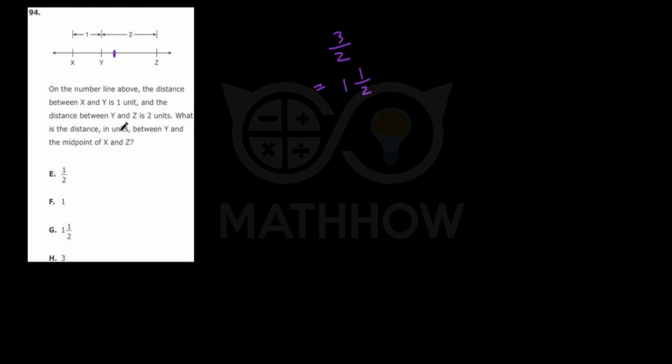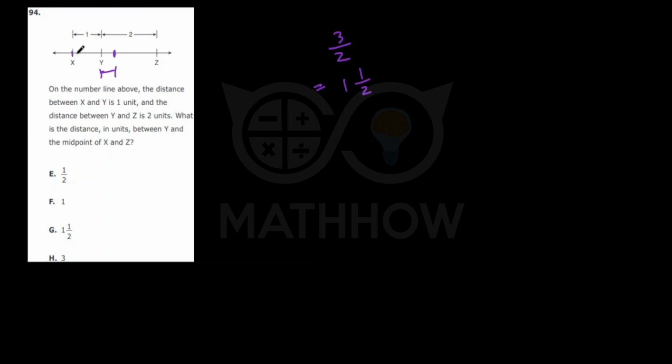What is the distance in units between y and the midpoint of x and z? This is the distance that the question is asking us to find. We know that from x, the distance of the midpoint is 1 whole and 1 by 2, and from x, the distance of y is 1 unit.